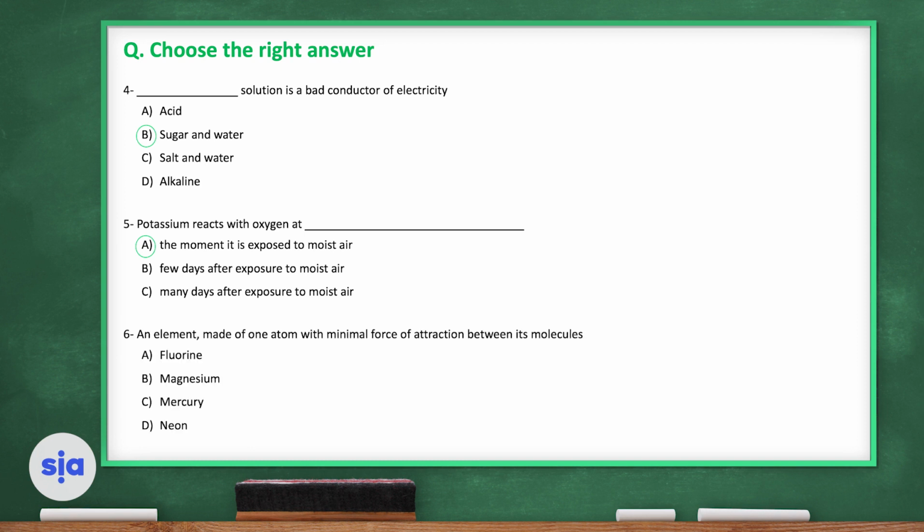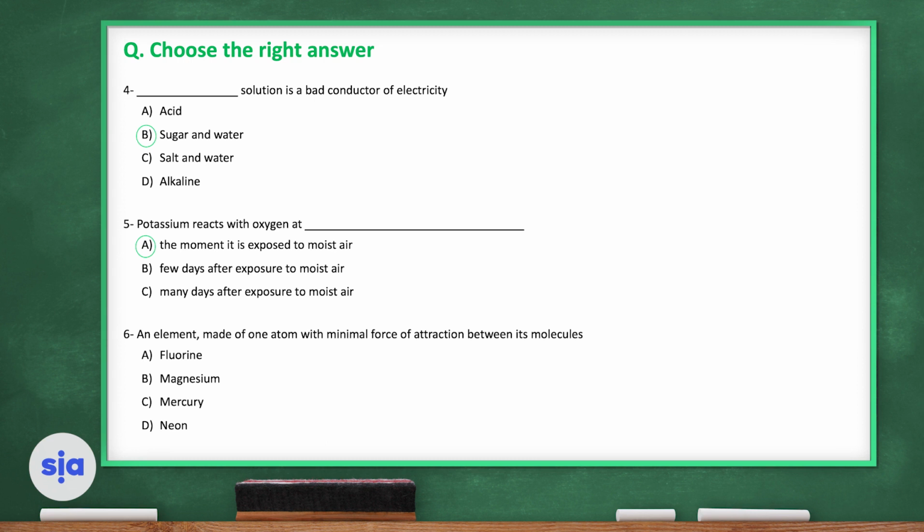An element made of one atom with minimal force of attraction between its molecules: fluorine, magnesium, mercury, neon. If I say minimal force of attraction between molecules or negligible, so we have to think about gases.